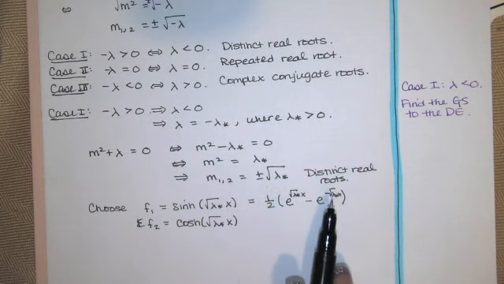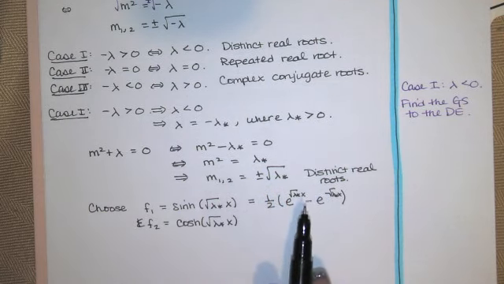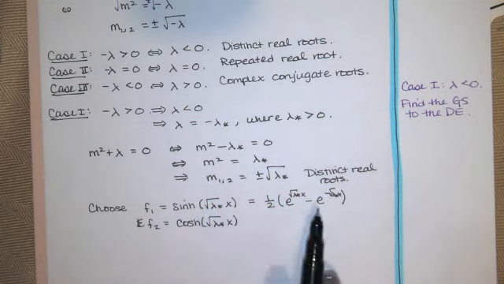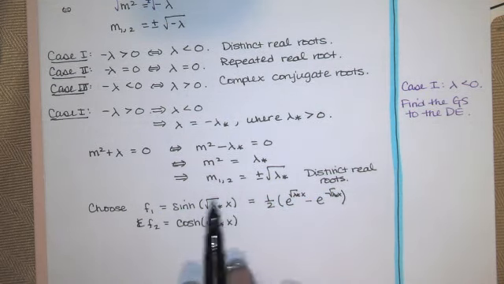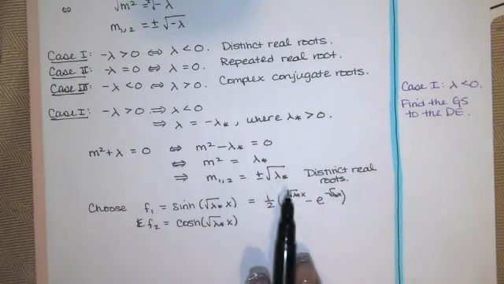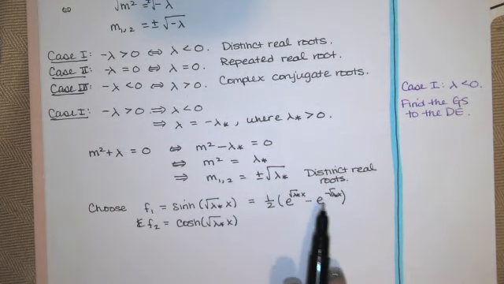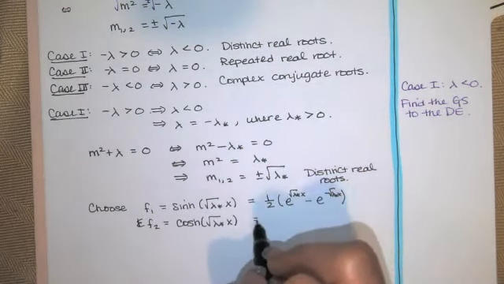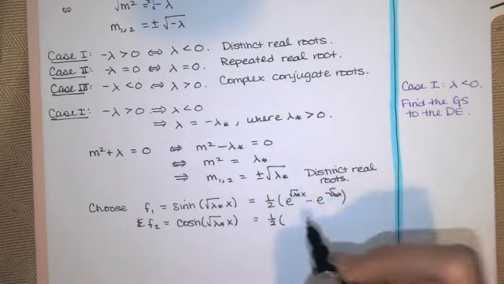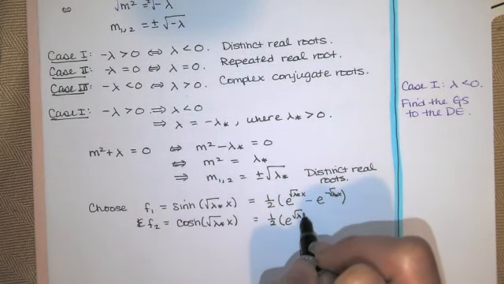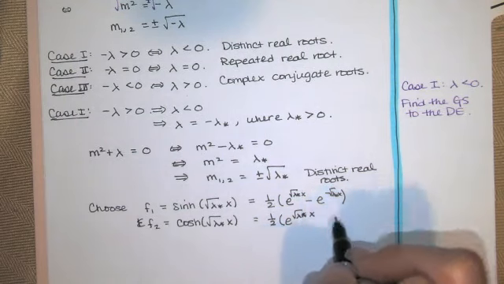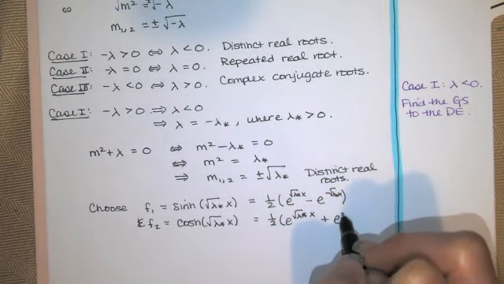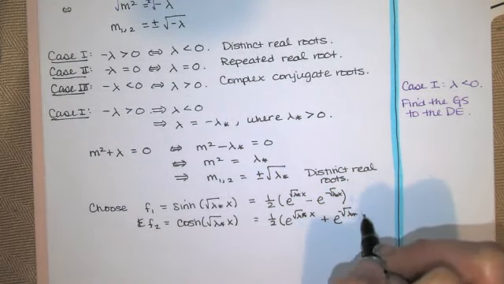Because this is a solution and this is a solution, a linear combination of those solutions is also a solution. So I can use this as one of my linearly independent solutions rather than using this as one of them and this as one of them. And the hyperbolic cosine function, similarly, is this linear combination of those two functions.